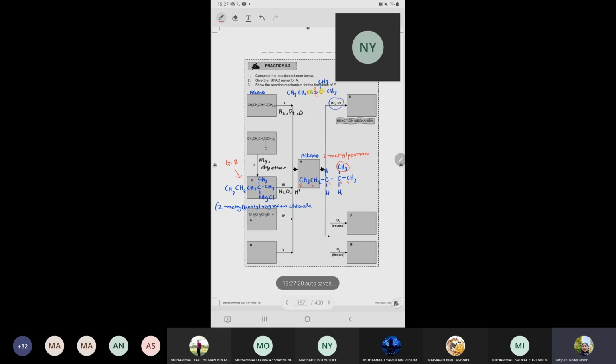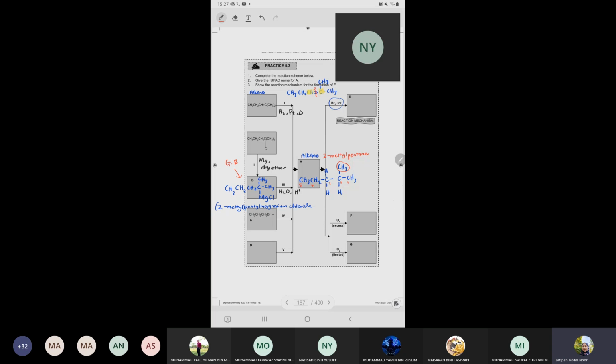Okay. So Grignard reagent ni is a very useful compound that can be used to form alkane. Sebenarnya dia boleh buat banyak benda. Dia boleh buat alkane, dia boleh buat alkohol, dia boleh buat carboxylic acid. Okay. Tapi dalam topik ni kita belajar alkane sajalah. So kita nak tengok macam mana dia boleh bentukkan alkane.